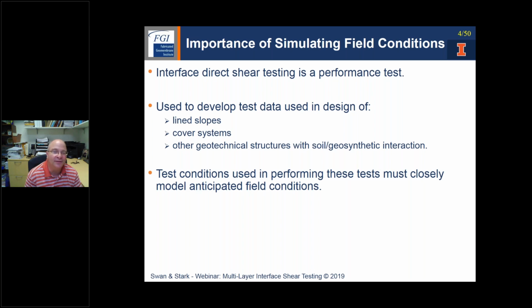So we use this test. We're going to develop data related to design of liner slopes and cover systems and other geotechnical structures where you have soil geosynthetic interaction. So as I mentioned, the test conditions must closely model the anticipated field conditions.